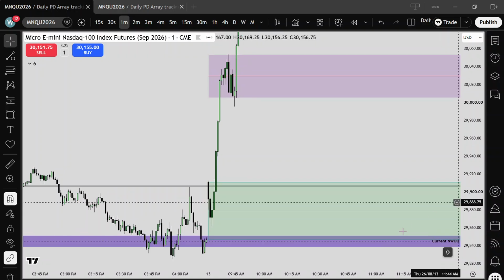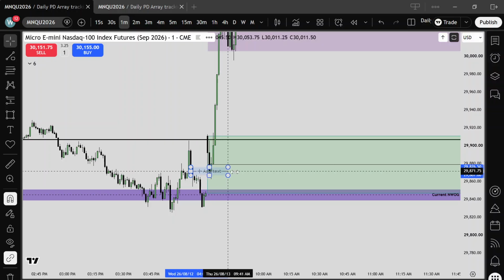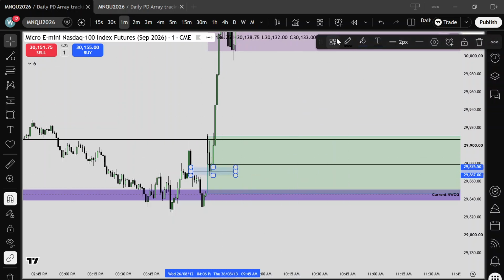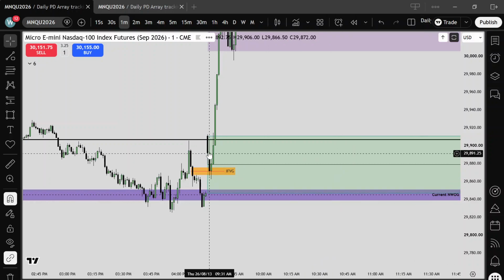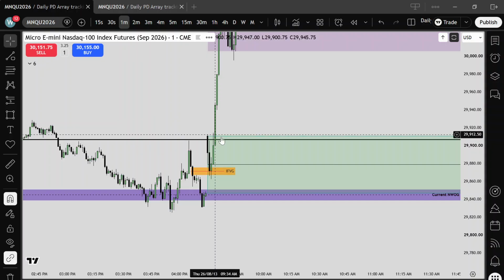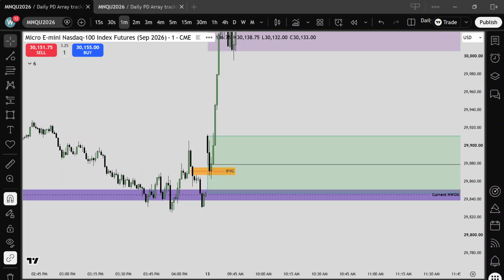Again, I'm still in regular trading hours. Weird. 1 minute inversion fair value gap. 15-minute open. Let's get this line off here. I don't know what that is from here.